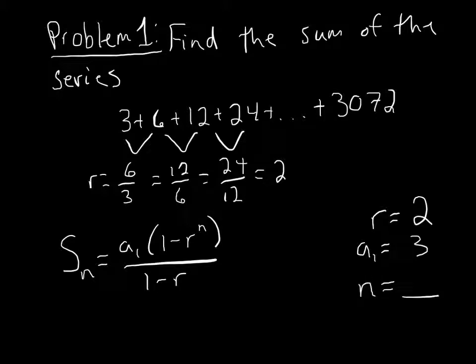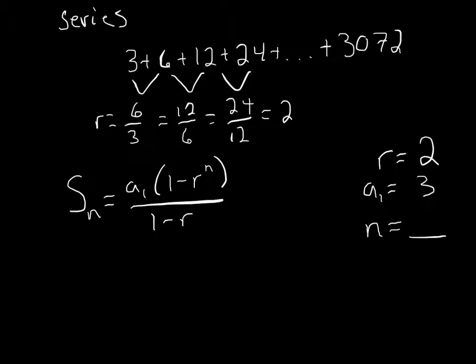The way I do that is to find the number of terms in the series, to get from 3 all the way to 3072, is to use the explicit formula. Again, the explicit formula for a geometric sequence: a sub n is equal to the first term times the common ratio to the power of n minus 1.